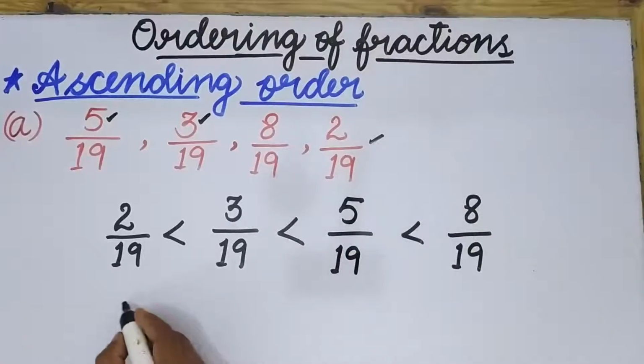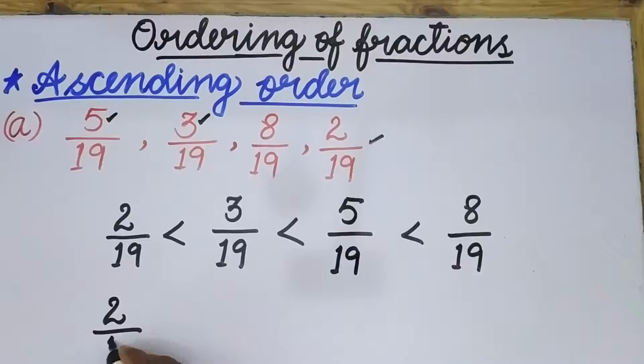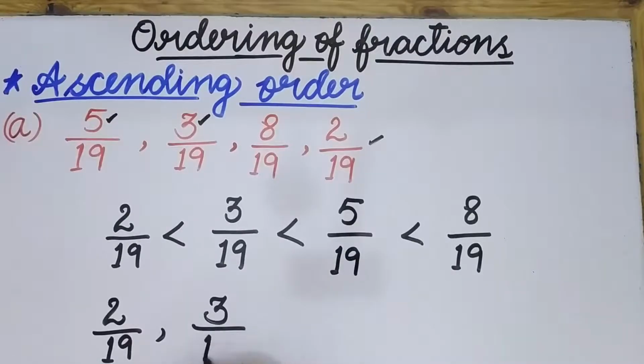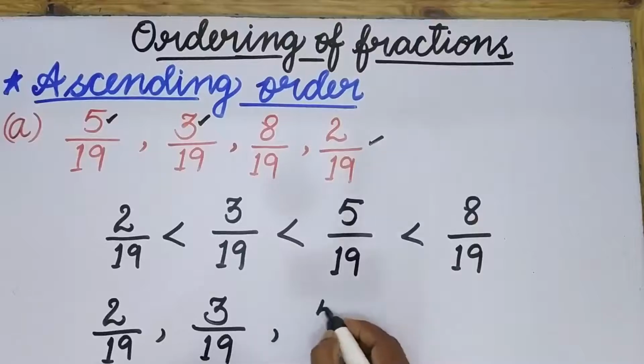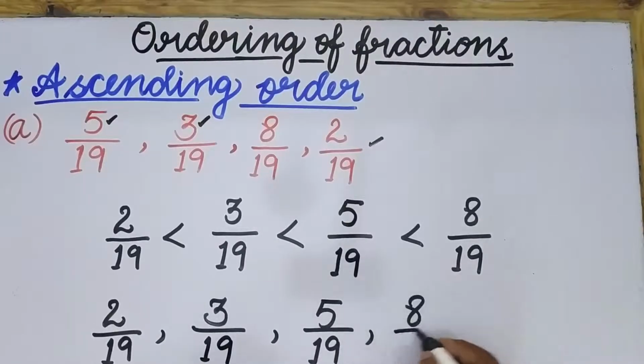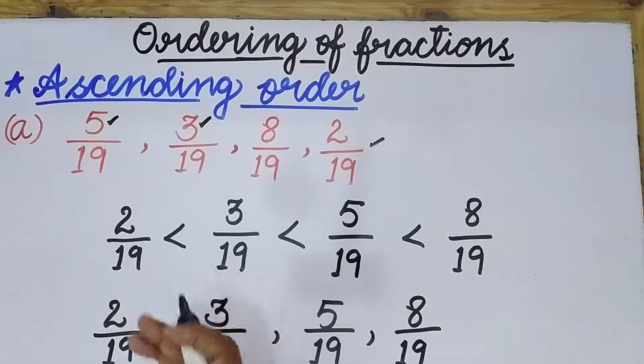So the ascending order of these given fractions will be 2 by 19, 3 by 19, 5 by 19 and 8 by 19. In this way, we can arrange the given like fractions into ascending order.